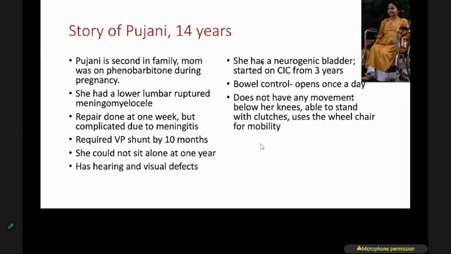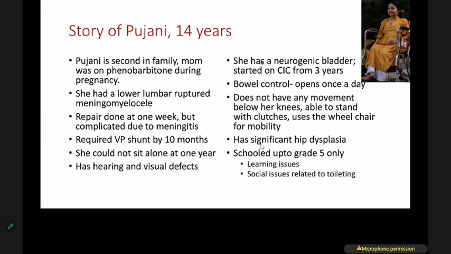She does not have any movement below her knees, but she has some quadriceps power and good upper limb muscle power, so she's able to stand using crutches. But most often she gets around with the wheelchair for mobility. She has significant hip dysplasia that's also preventing her from achieving a good standing balance.